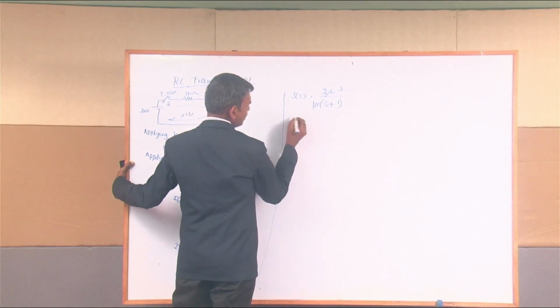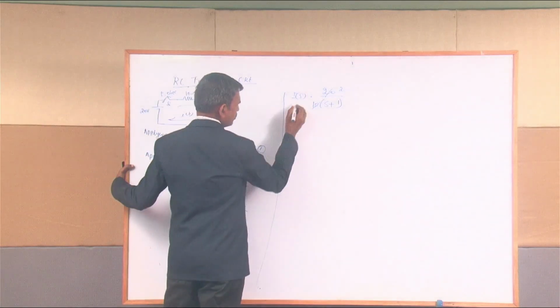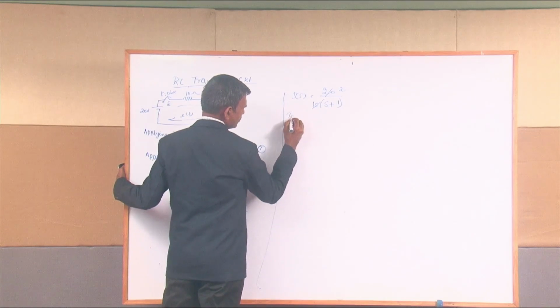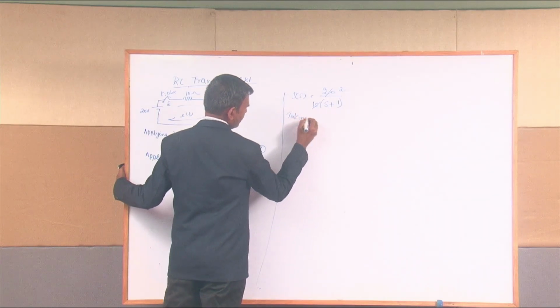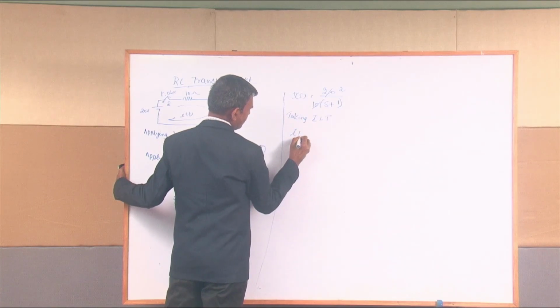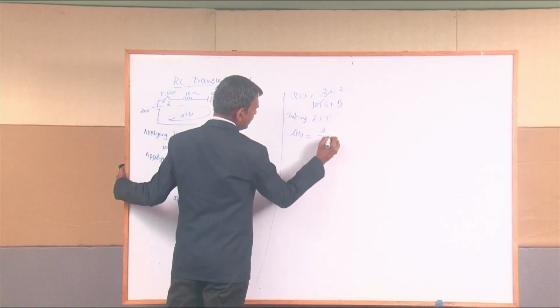Okay. Our ultimate aim is to find I(t), so we are going to take the inverse Laplace transform. Taking the inverse Laplace transform, I(s) will be converted into I(t) is equal to 2 divided by s plus 1.